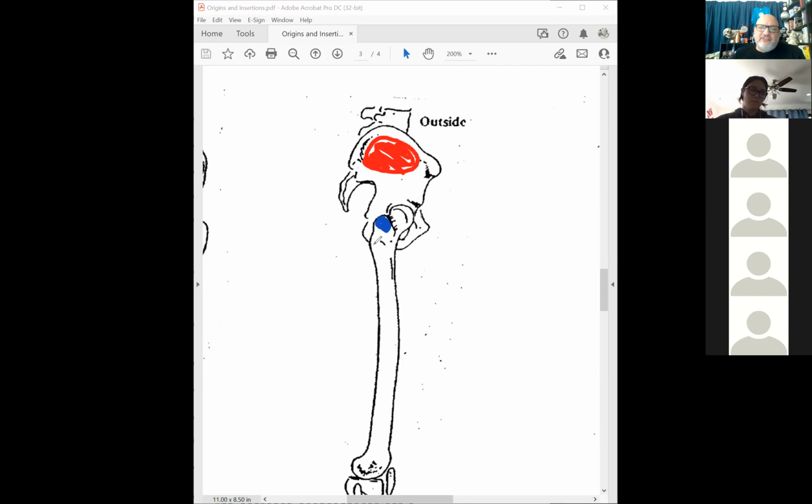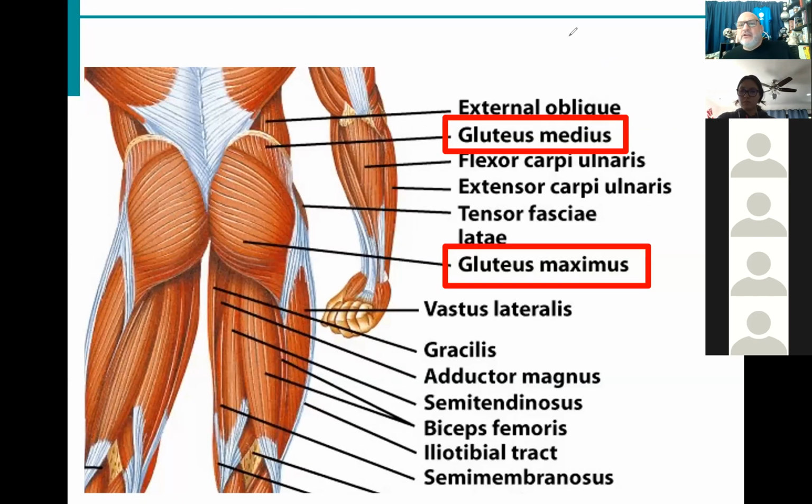There's one other point I want to make about this muscle, both of these muscles. If we come back over to this picture. When you make an intramuscular injection, when they do an injection into the muscle, there's basically three things that they worry about. It must be large enough where it can take the entire bolus of the medicine.